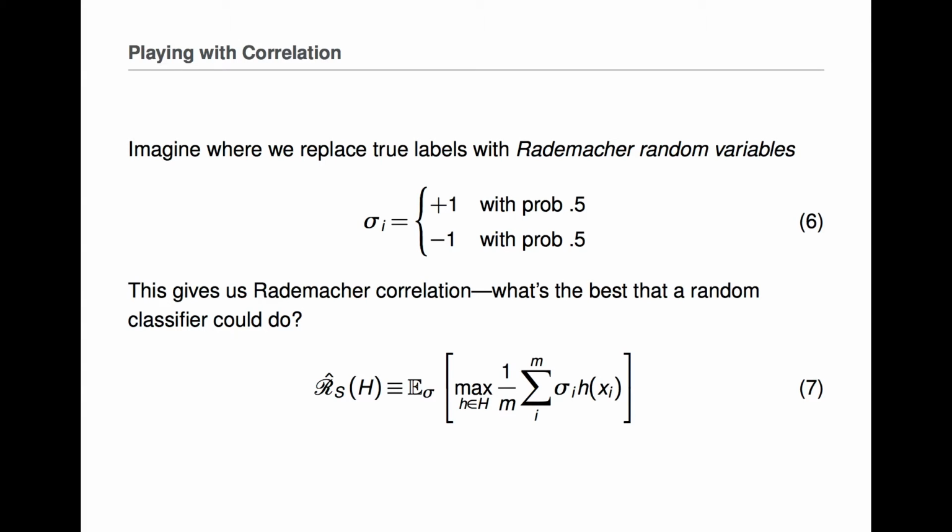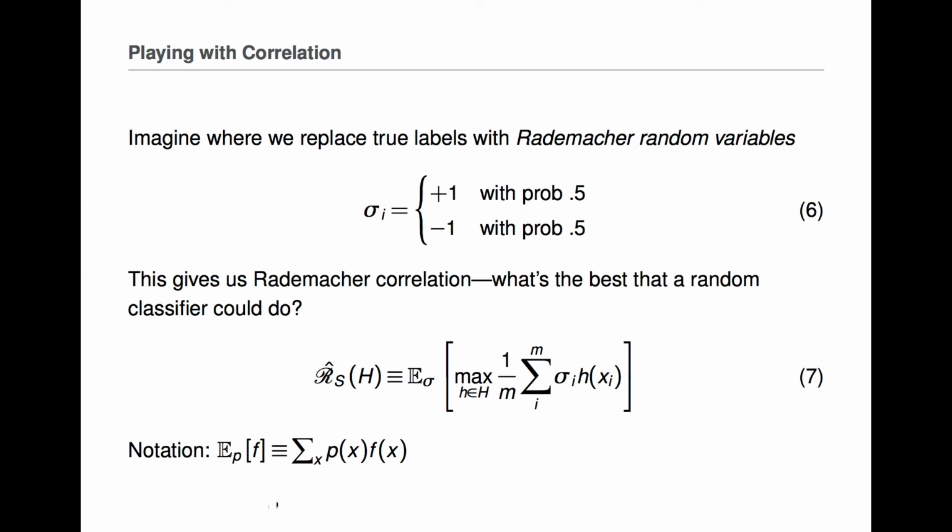If we plug in the Rademacher random variables in place of the y's, this gives us a quantity known as the empirical Rademacher correlation. This is basically saying that if you have a random answer instead of the truth, what's the best that a classifier could do?